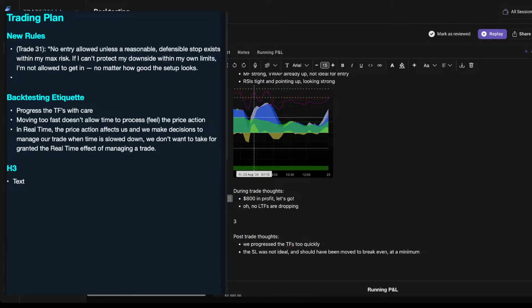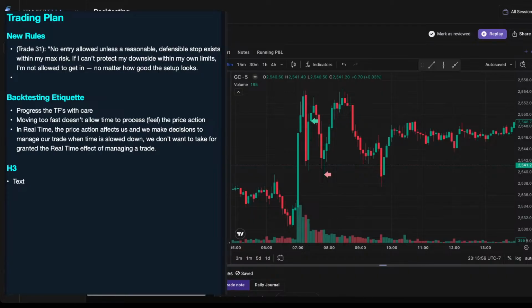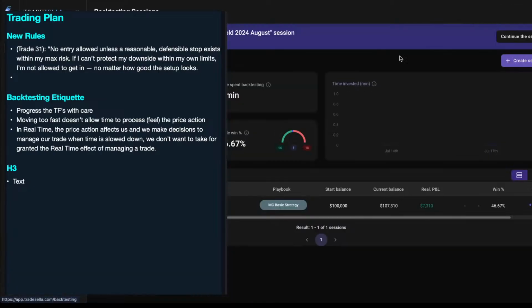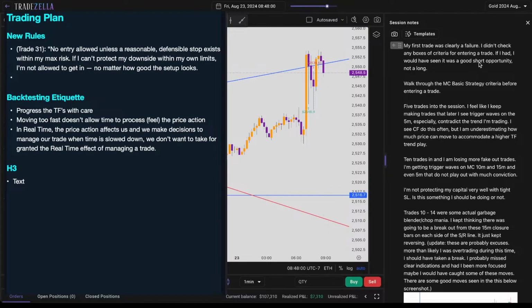There you go, that's pretty much it. We updated our trading plan based off of it. Let's get into it. Let's see what the day brings.